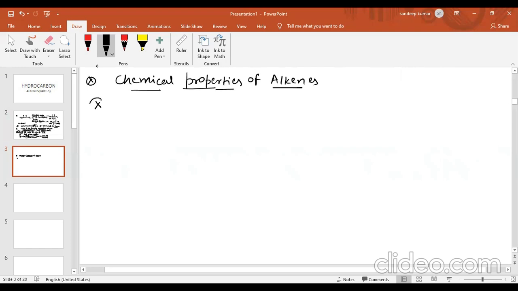The first chemical property of alkenes that we will study is the oxidation reaction. So what are the oxidation reactions in alkenes? The first reaction which we will discuss in oxidation is the combustion reaction.